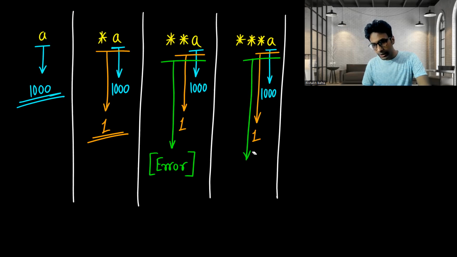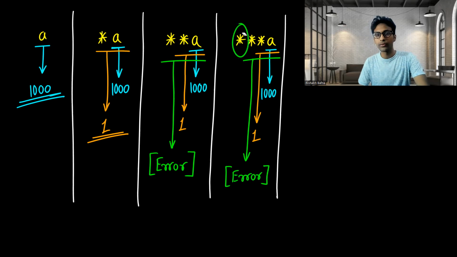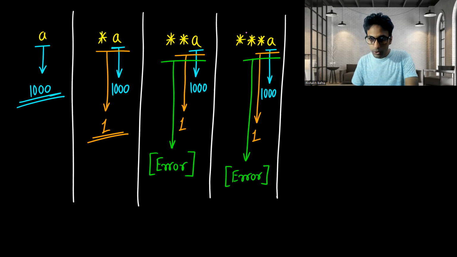Here itself you will get an error. So why deal with this one? If you are getting an error here itself, why put one more star? You will still get an error. This entire thing will be an error itself. I hope you are getting it. If you are getting an error here itself, why take this into consideration? Here also you will get an error.